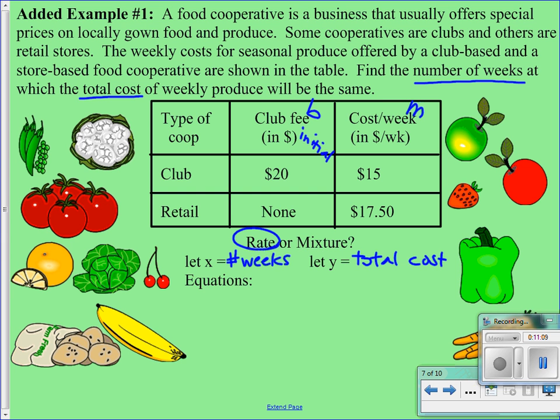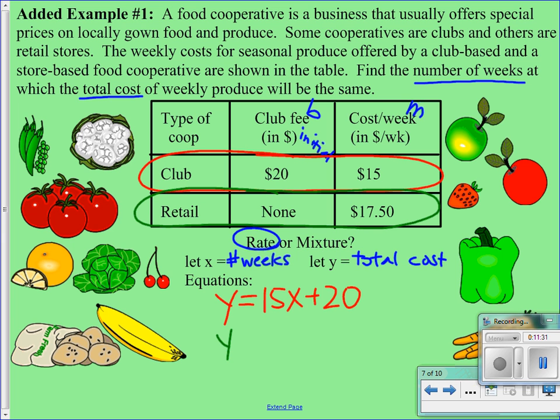And my equation for being in a club is using this information. The club is going to have a total cost of $15 per week plus $20. And then my retail store is going to be using this information. And my cost for my retail store is $17.50 per week.